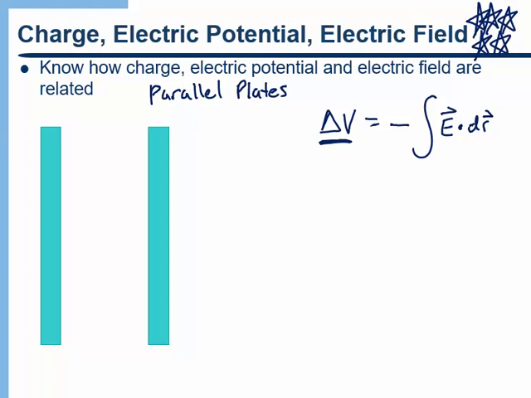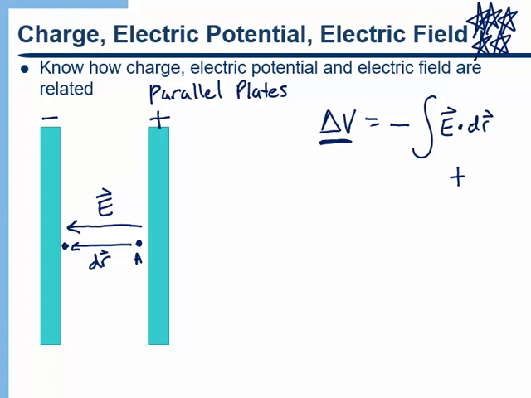So for example, if I tell you that this plate is positively charged and this plate is negatively charged, we know from previous learning that the electric field would go to the left. So notice if I actually took a charge and moved it from point A over here to point B, that would be the direction of dr. So our integral would be positive, but we've got the negative sign out front.